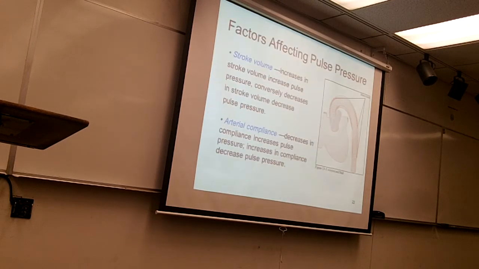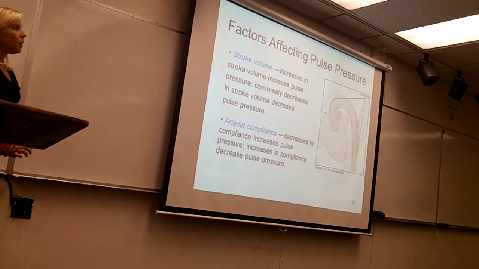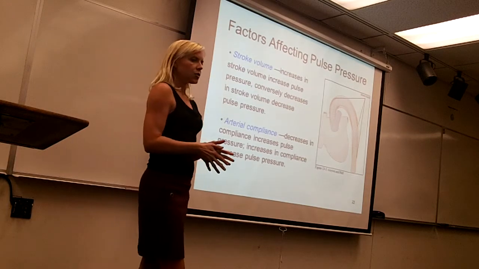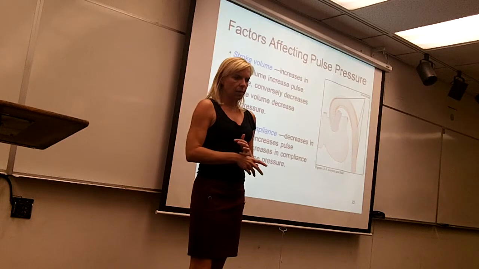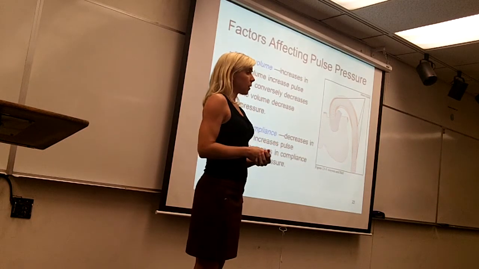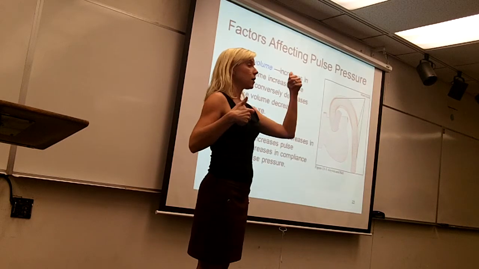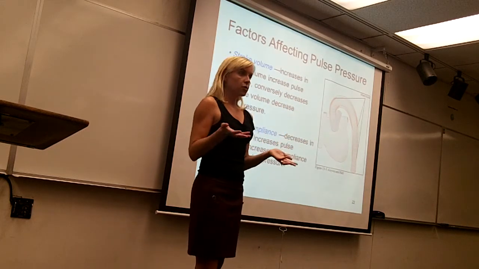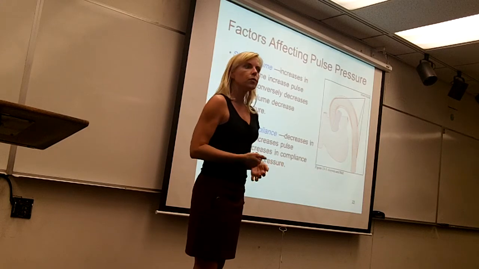All right, factors that affect pulse pressure. Remember, pulse pressure is the difference between systolic pressure and diastolic pressure. So what can affect systolic pressure? What can make it bigger to make a larger pulse pressure, just for an example. More stroke volume.